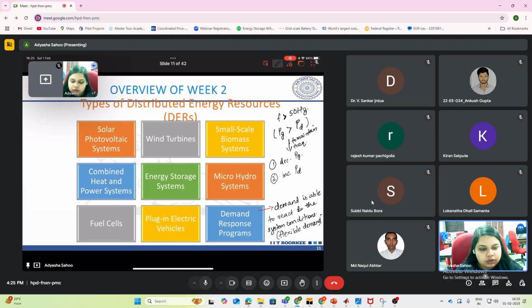So, earlier, it was only the generation that was changing to match the demand. But with the help of demand response programs, the demand can also now change or vary to maintain the system frequency.